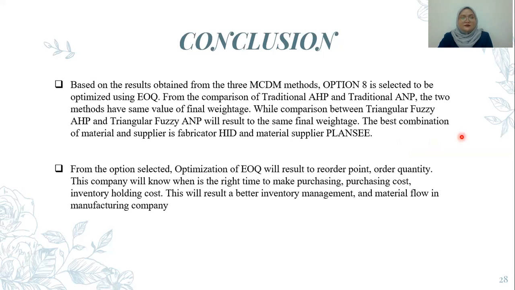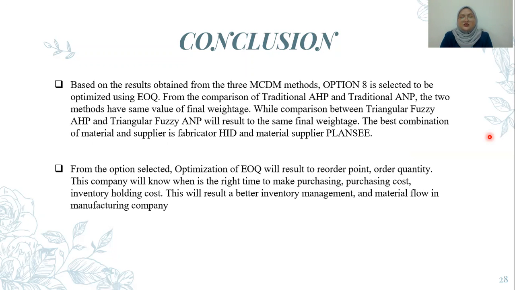As the conclusion, based on the result obtained from the MCDM methods, option 8 is selected to be optimized using EOQ. From the comparison, the traditional AHP and traditional ANP have the same value for final weightage, while the comparison between triangular fuzzy AHP and triangular fuzzy ANP results in the same final weightage.